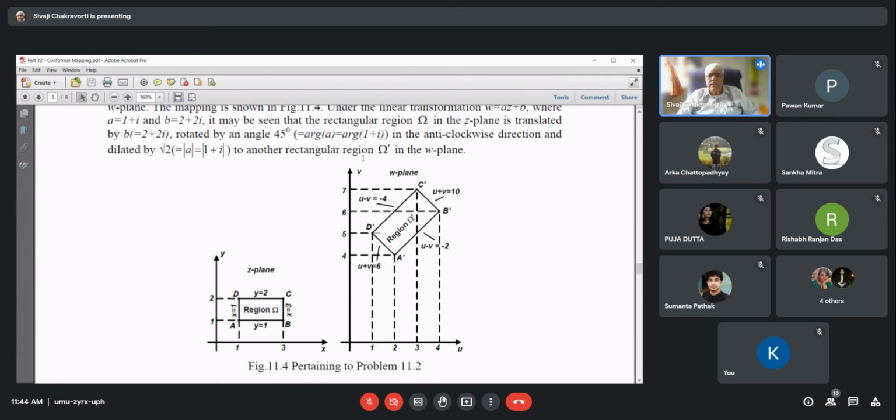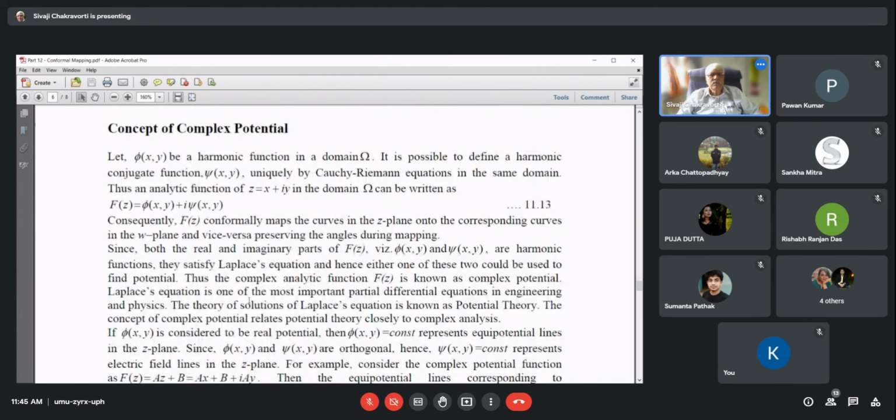Then there is a rotation involved here, which is the argument of f'(z), that is az plus b, and then finally there is a translation. This is how a shape is mapped from the z plane to the w plane.